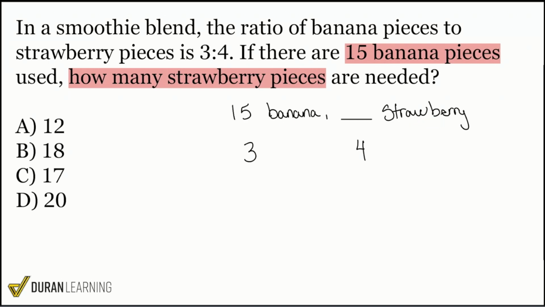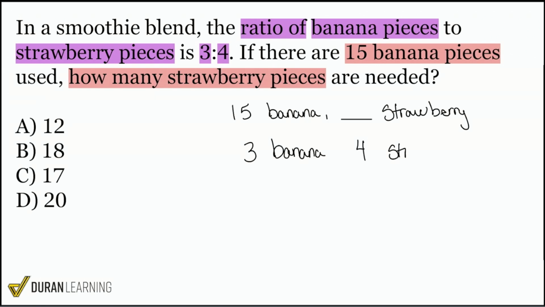Go off of the order in which it is stated. Which idea, which fruit represents the 3? Which one? Correct. Bananas. Notice how it's read. It is read as banana pieces first, strawberry pieces second. The ratio of banana to strawberry, banana first, 3, strawberry is second, 4. So the 3 represents bananas, 4 represents strawberry.